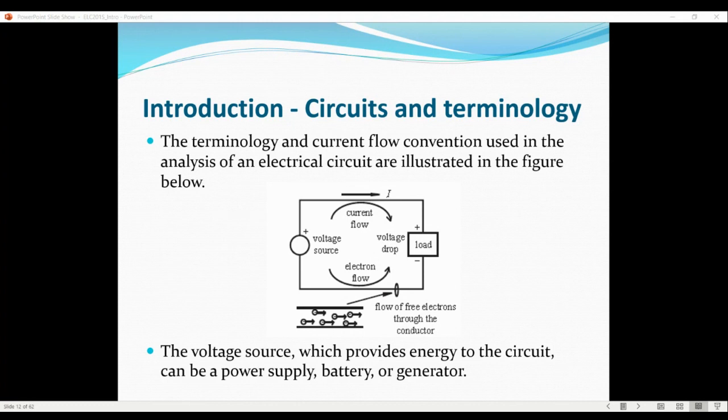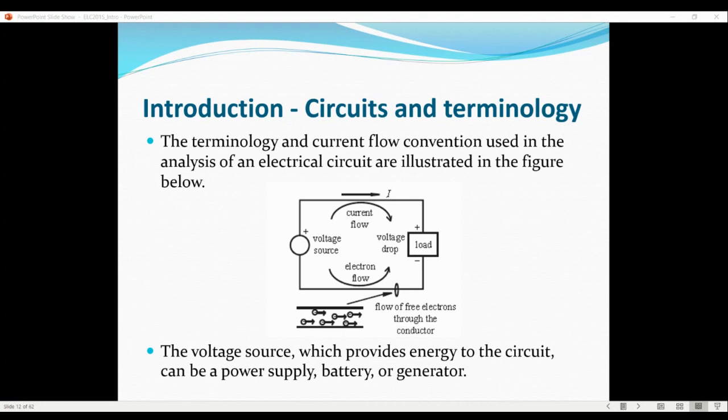But that's not true. Physically, what actually happens is that the electrons are flowing, and they flow from negative to positive, and that has to do with the positively charged particles or negatively charged particles.